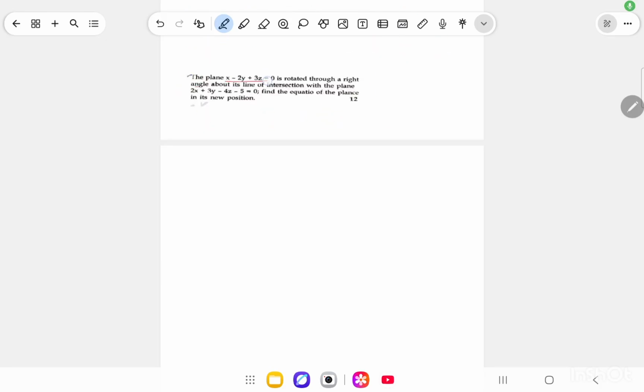Let's discuss the last question. It says that this plane is rotated through a right angle about the line of intersection with this plane. So plane 1, let's say P1, is x minus 2y plus 3z equals 0, and plane 2, P2, is 2x plus 3y minus 4z minus 5 equals 0.